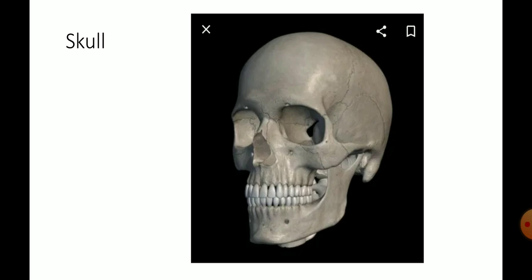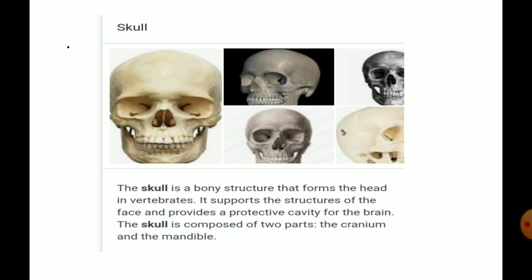Here you can see 3 holes. The skull has holes for eyes and nose. Here also you can see the picture of skull. It supports the structure of the face and provides a protective cavity for the brain.